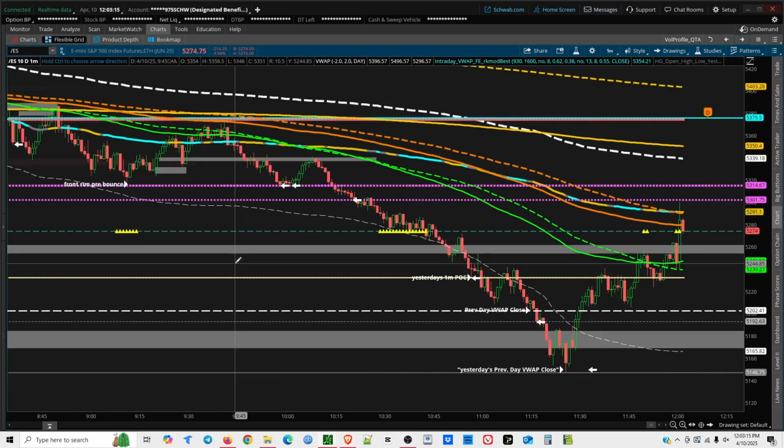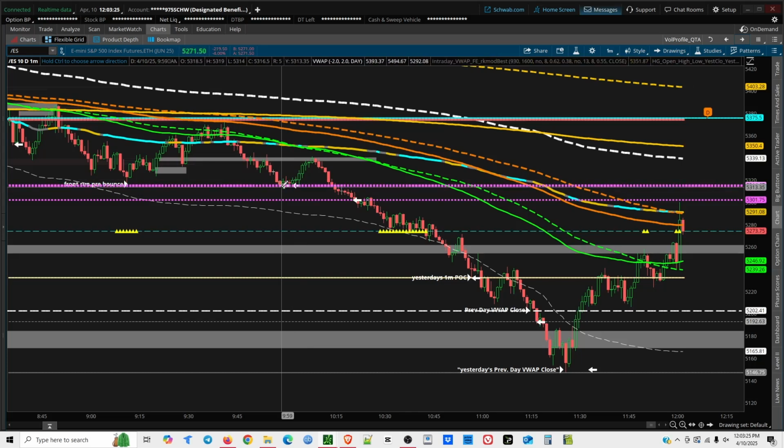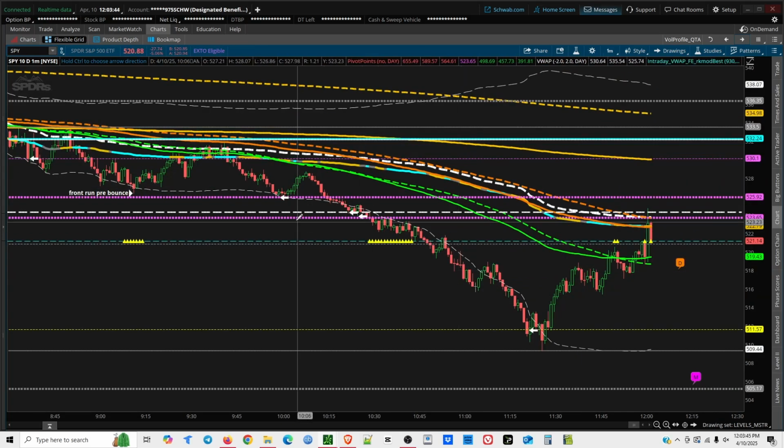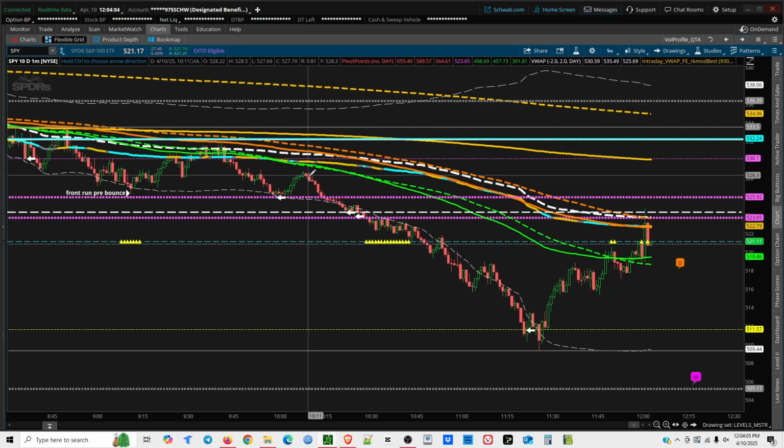And again, here we have on ES that ideal bounce that was taken when price finally did come down and touch the day's pivot point, which was also perfectly supported with this SPY bounce off the pivot point. Now, after that pivot point was touched and it bounced and could not even make it up to the 100 EMA and started to roll hard, I was no longer looking at the pivot point here.